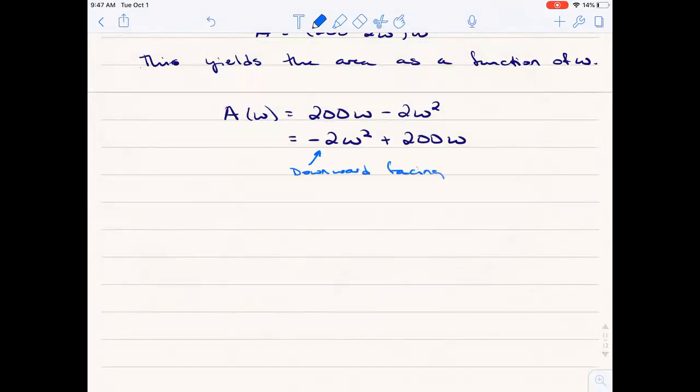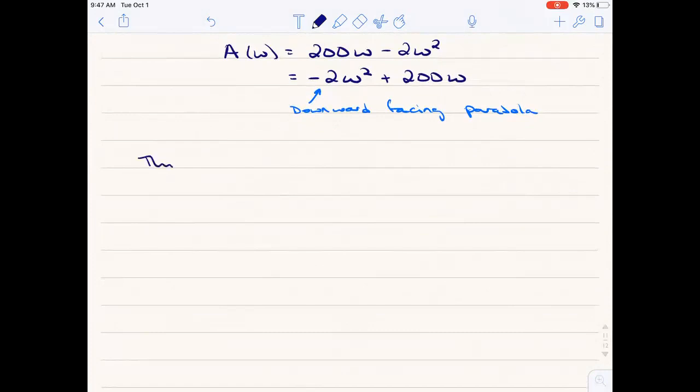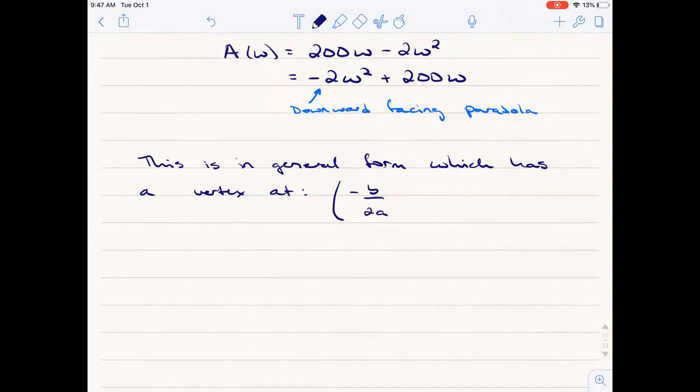This is in general form, which has a vertex at, remember that big one, negative b over 2a, and then f evaluated at that point, f at negative b over 2a.